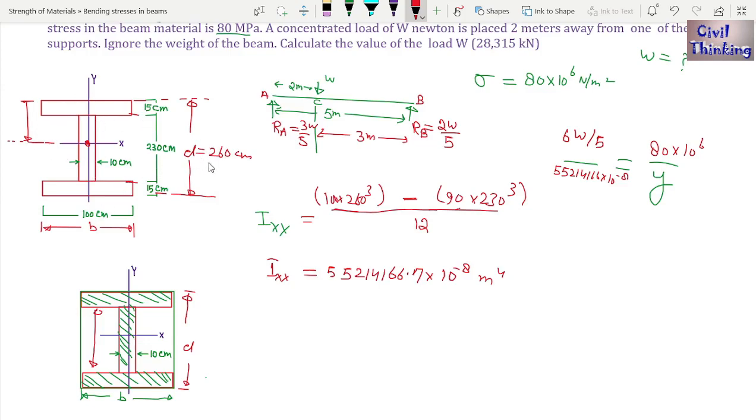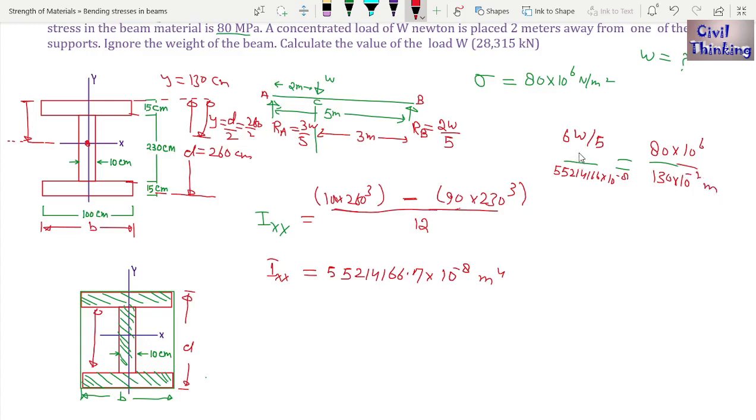Now total depth is d, so y from here to here is going to be d by 2. D by 2 is 260 divided by 2, which is 130, right? So y is 130 centimeter. Now centimeter is 10 power minus 2 meter.